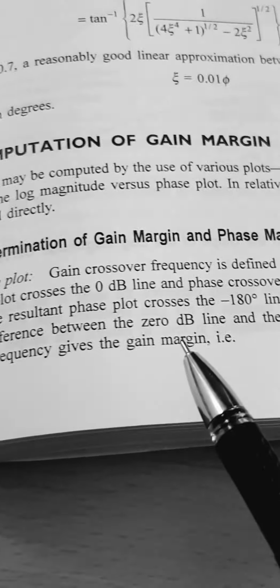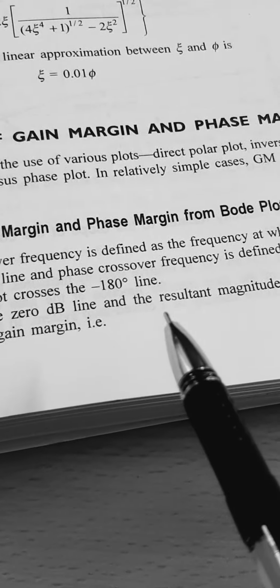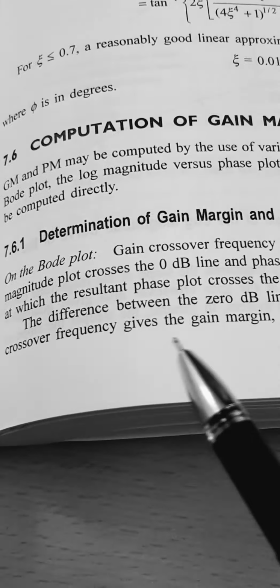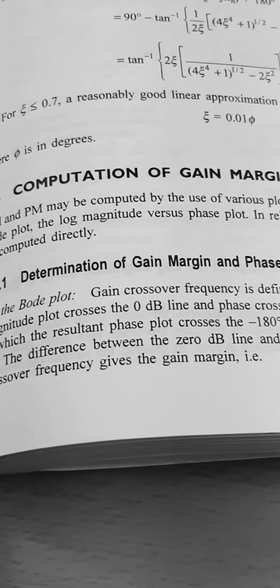Now the difference between the 0 dB line and the resultant magnitude plot at the gain crossover frequency gives the phase margin.